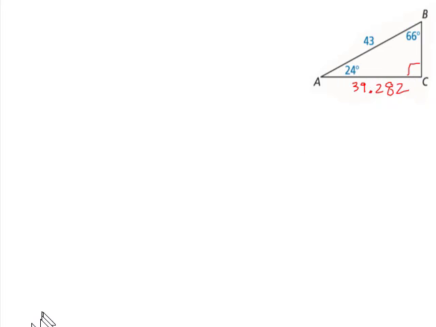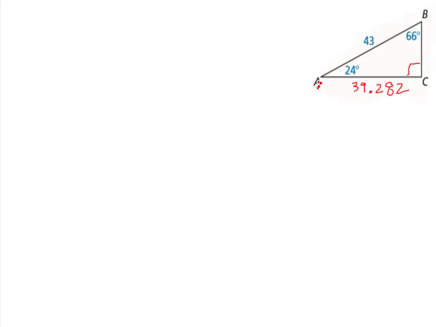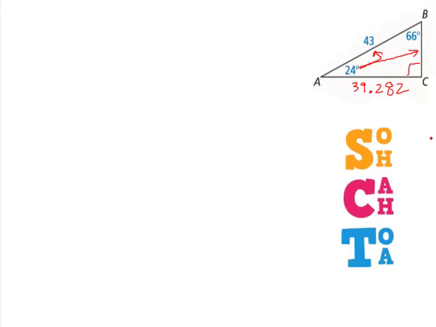We're going to take a look at the 24 degrees, and BC is opposite that. So we're looking for the opposite, and then we have the hypotenuse, which is given. When we're looking for opposite over hypotenuse, we want to use sine. So we will write the sine of 24 degrees is equal to BC over 43.